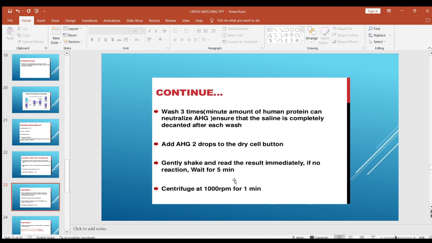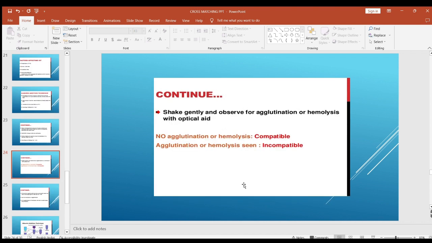Again, centrifuge the tube at 1000 rpm for 1 minute. Shake gently and observe for agglutination or hemolysis with optical aid. If no agglutination or hemolysis occurs, that is the compatible one. If agglutination or hemolysis is seen, it is an incompatible one, so we should not make the transfusion from patient to recipient.